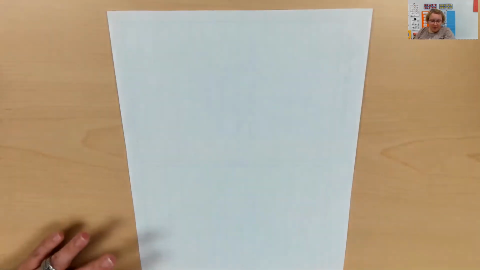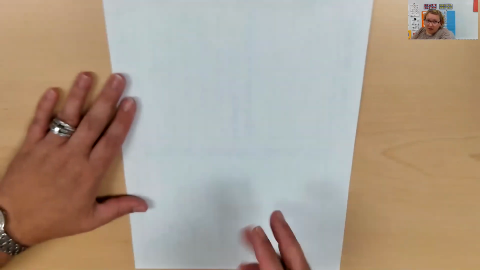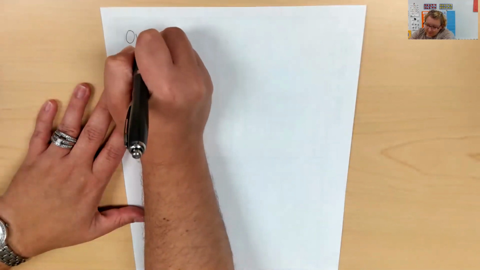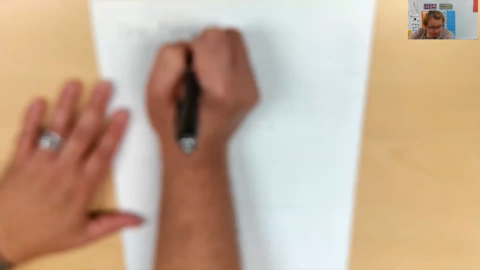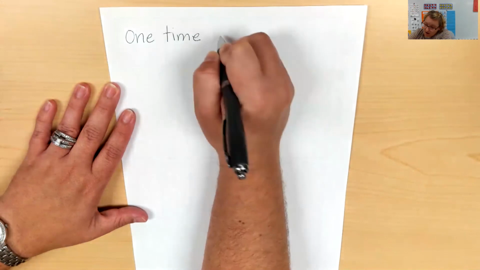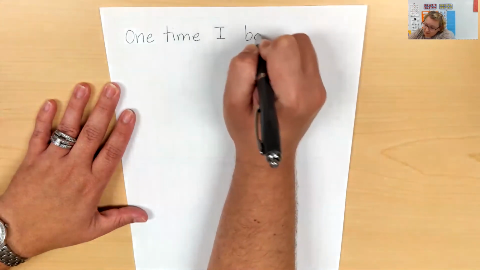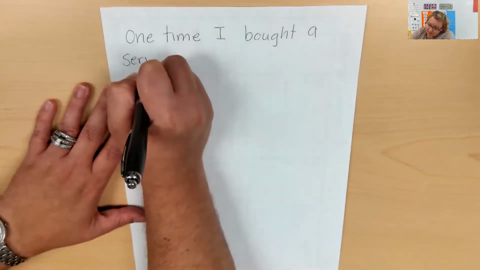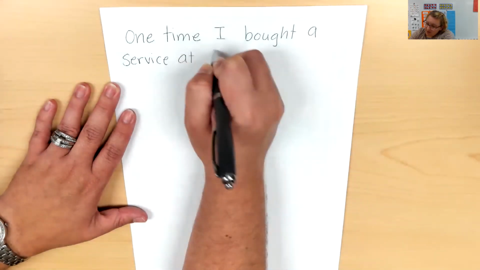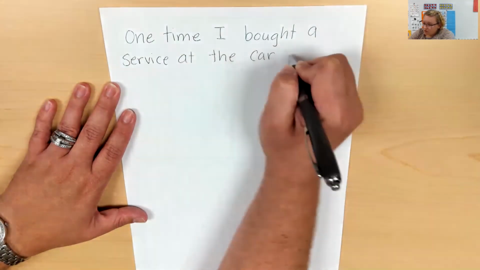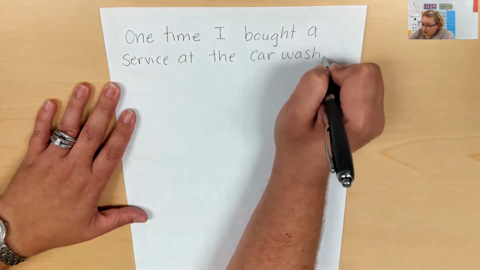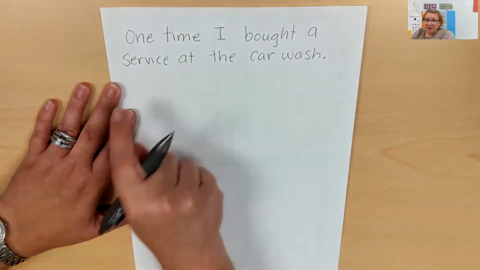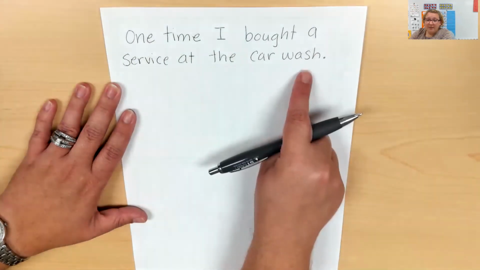Okay, so here's my blank paper, and I might start my sentence off by saying something like, one time I bought a service at the car wash. Okay, so there's my sentence explaining to you what I bought. I bought a service at the car wash.